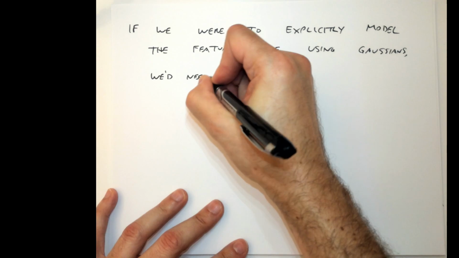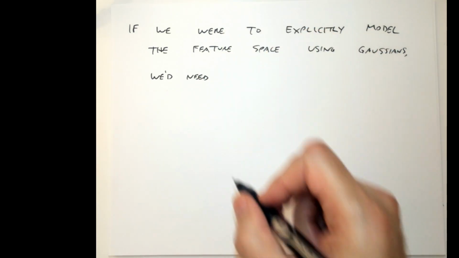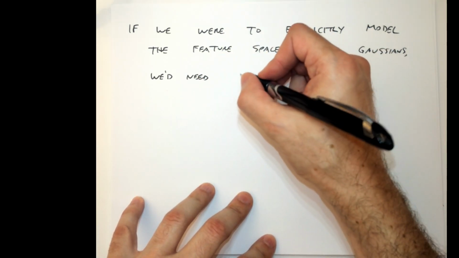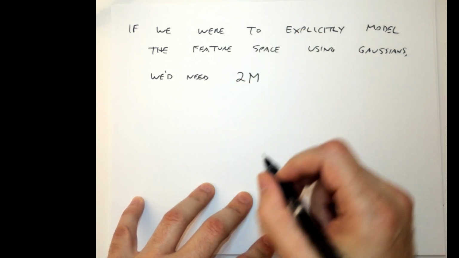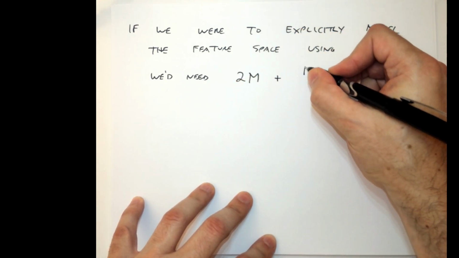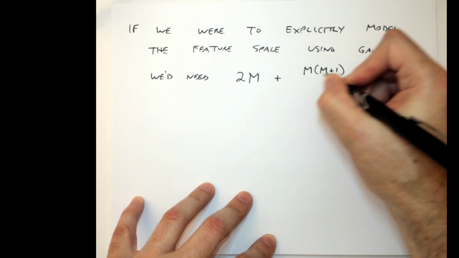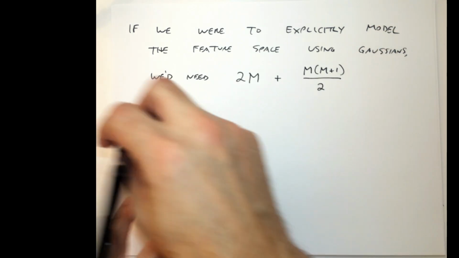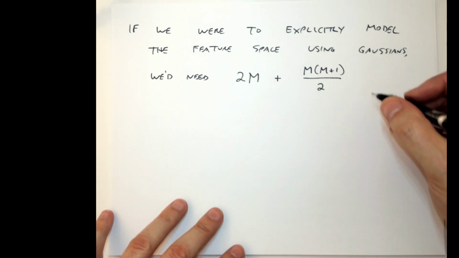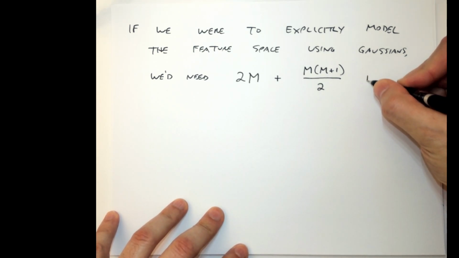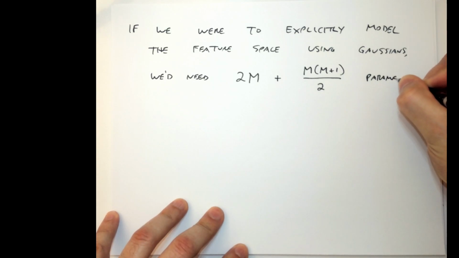We'd need 2m vectors for the means plus all these numbers for the covariances, right? Which is a lot.